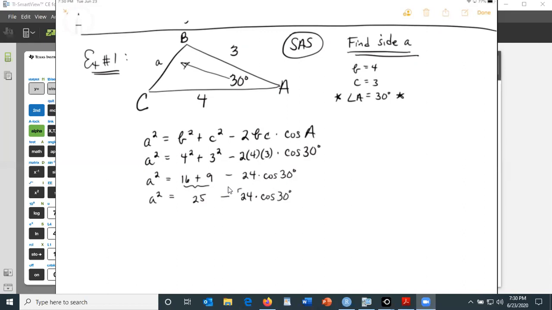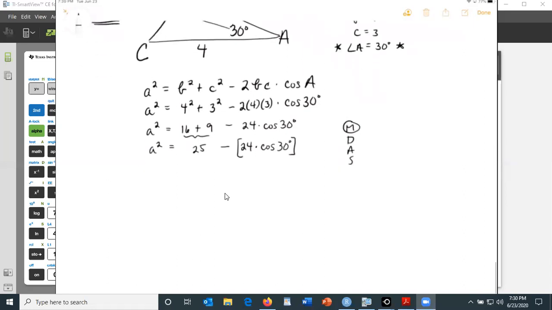Well, that's because the 24 has to get multiplied to the cosine first. So just remember that this 25 and 24, you can't subtract those. Remember the order of operations, my dear Aunt Sally? You got to multiply first before you subtract. But at this point, cosine of 30 isn't a number you might necessarily know.